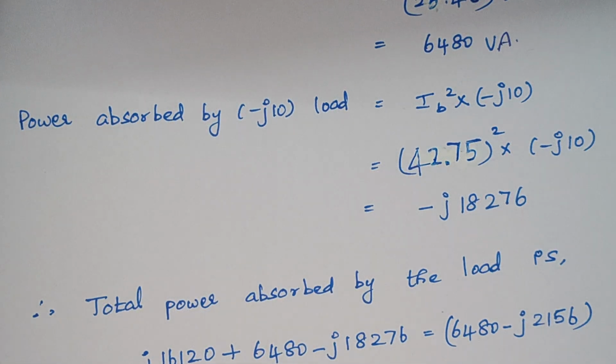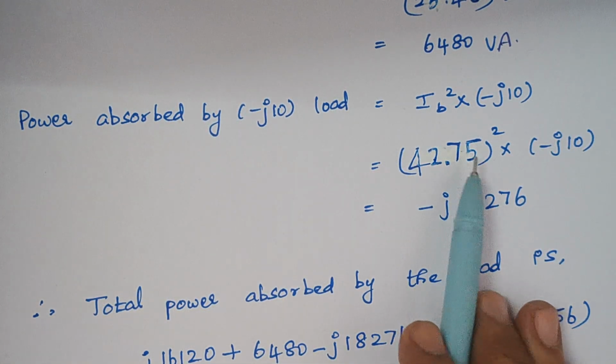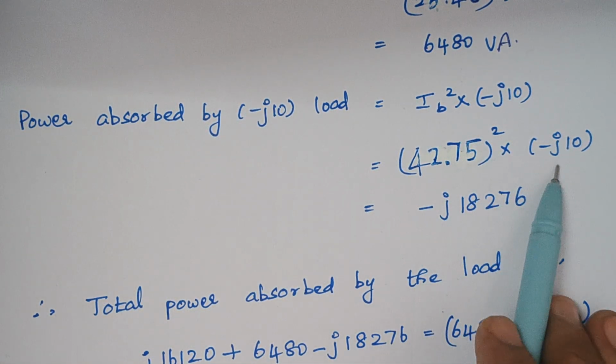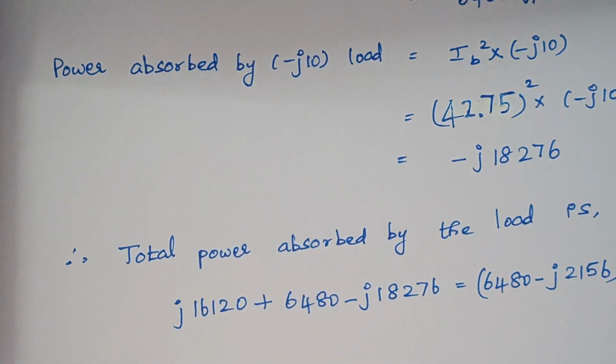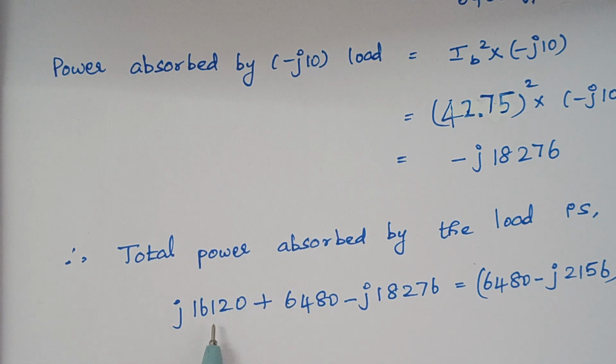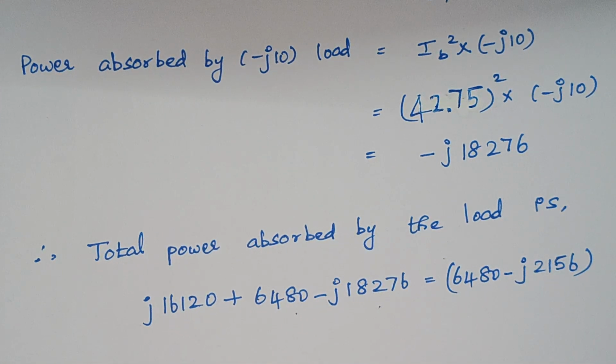Therefore, here it is 42.75 whole square multiplied by minus J10. Therefore, here the answer is minus J18276. So the total power absorbed by the load is, here we are going to sum all the values of power. So power absorbed by the inductor and resistor and the capacitor, and finally this is your answer, right?